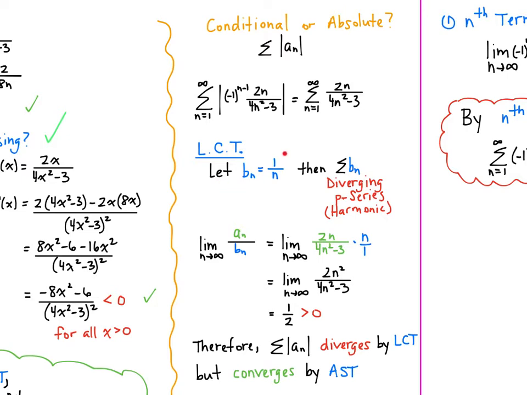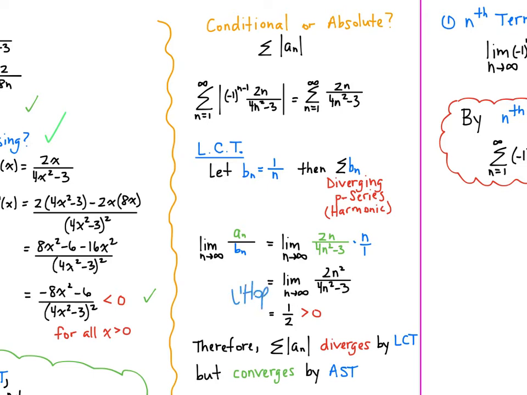So I'm going to let b sub n be 1 over n. So then this series, the series of b sub n, is a diverging p-series. It's harmonic. Okay? So then applying that limit comparison test, remember the limit as n approaches infinity of a over b is really equal to the limit as n approaches infinity of 2n over 4n squared minus 3 times n over 1. Okay? So cleaning that up, using L'Hopital a few times, okay?